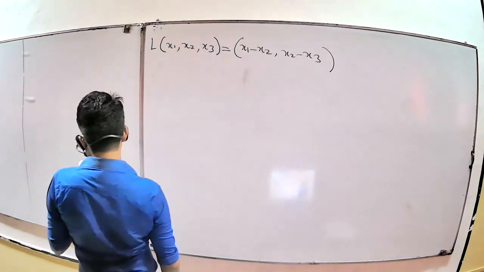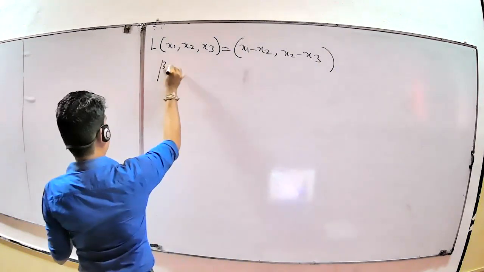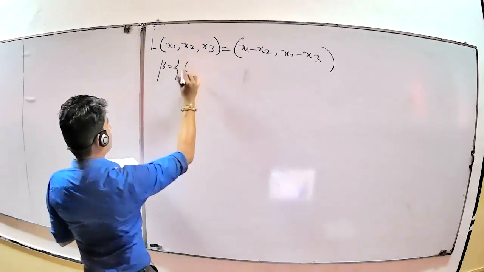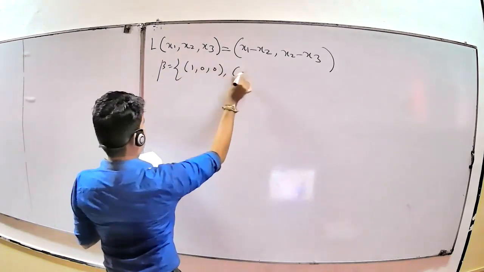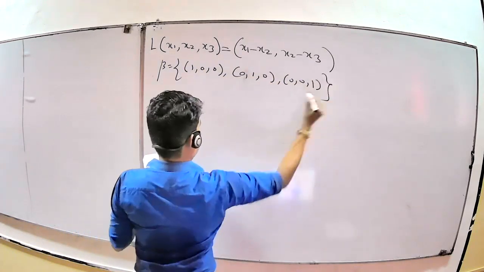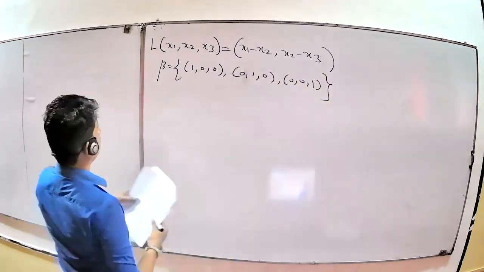Here you can use the ordered basis beta. Here you can use the natural ordered basis, 1, 0, 0, 0, 1, 0, 0, 0, 1, for the E cube.